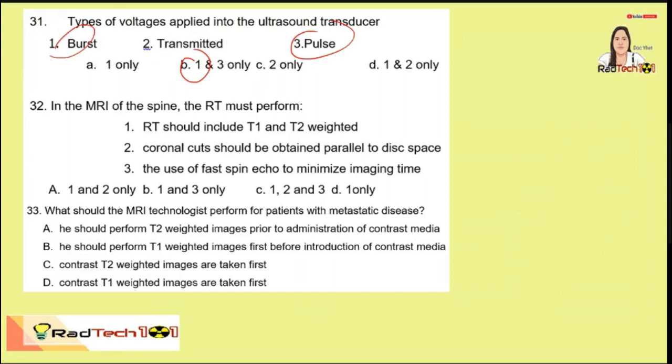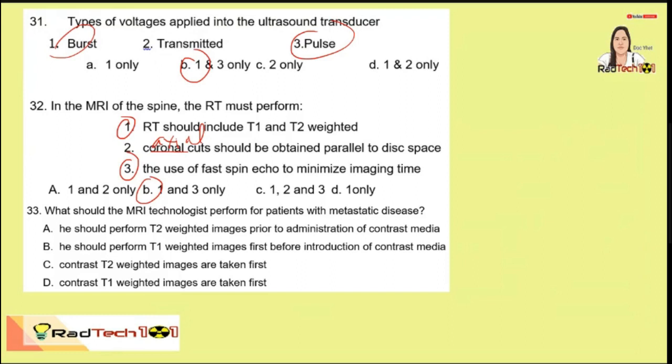32, in the MRI of the spine, the rad tech must perform B, 1 and 3 only. Coronal cuts, this is false. It should be axial. Axial cut should be obtained parallel to disc space. So the correct answer is 1 and 3 only. 33, what should the MRI tech perform for patients with metastatic disease?